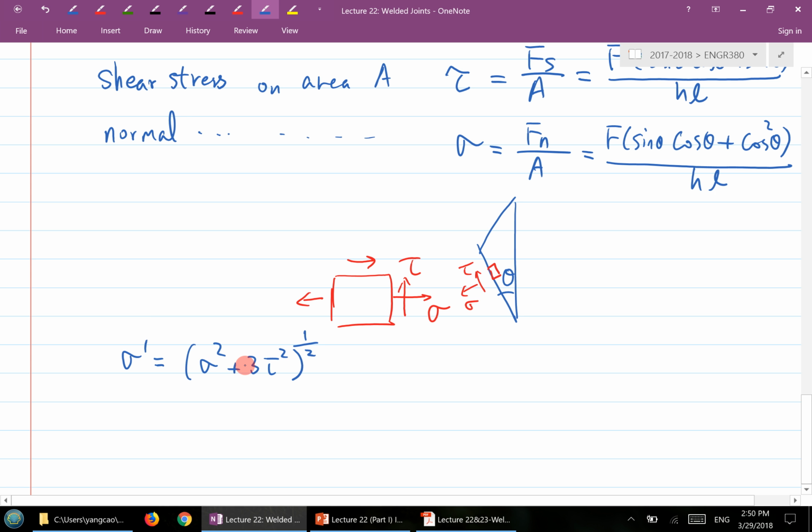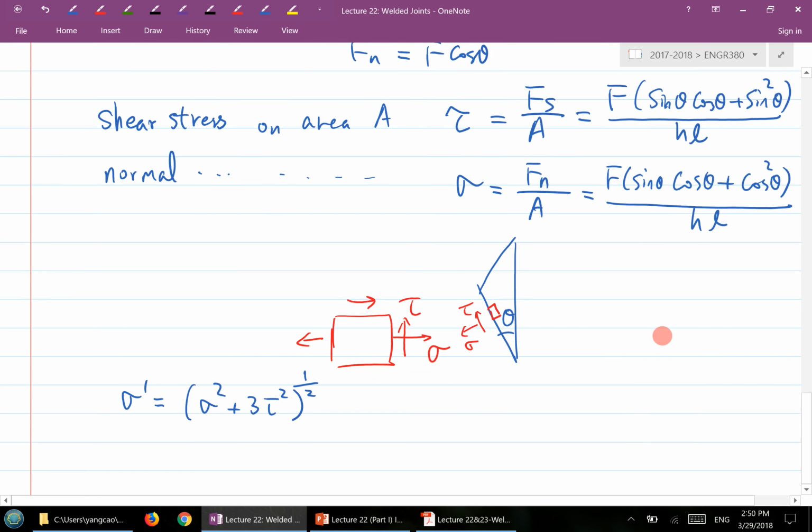Good. So you can do that. I'm not going to write it down here, since it is a relatively long expression. But if you plug in the sigma and the tau, you get a sigma prime formula.